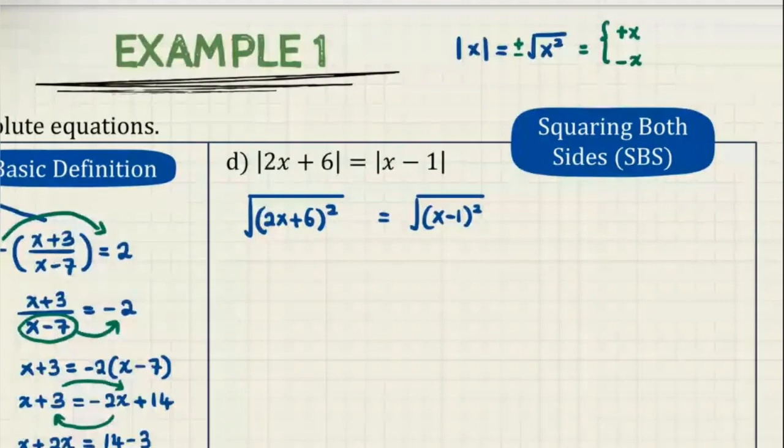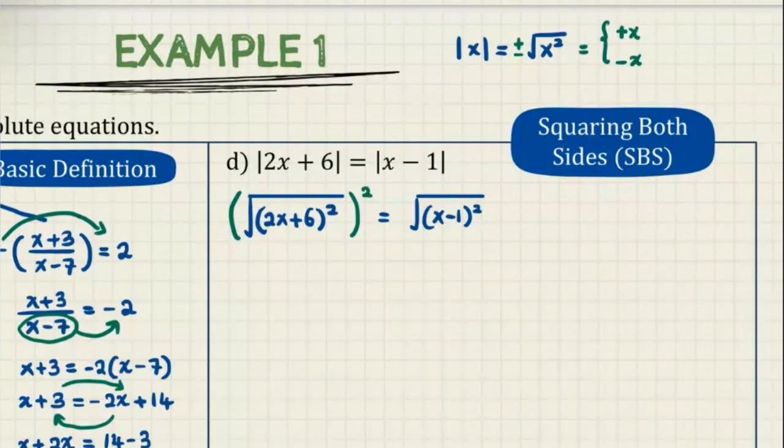Okay, so when we want to remove the square root, we use squaring both sides. So we apply squaring both sides here, squared, and now the square root will disappear. It will cancel the square root with the squared.